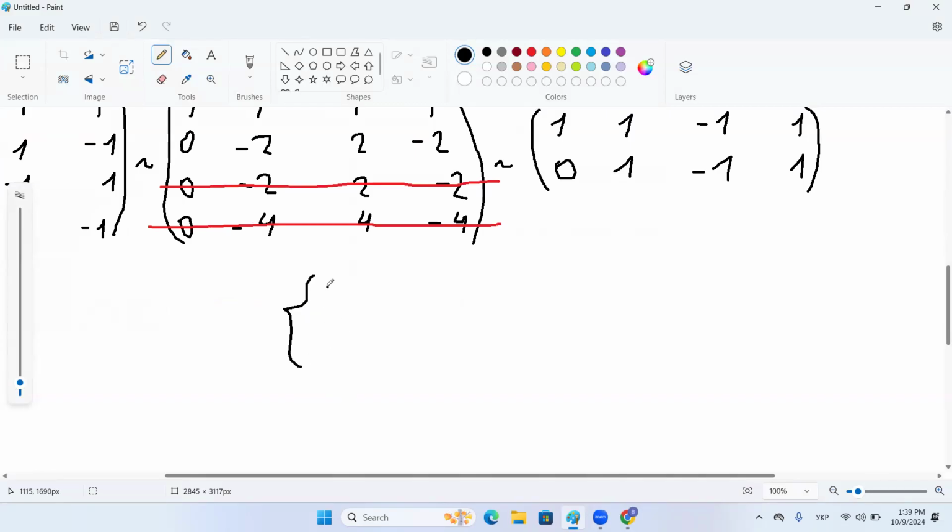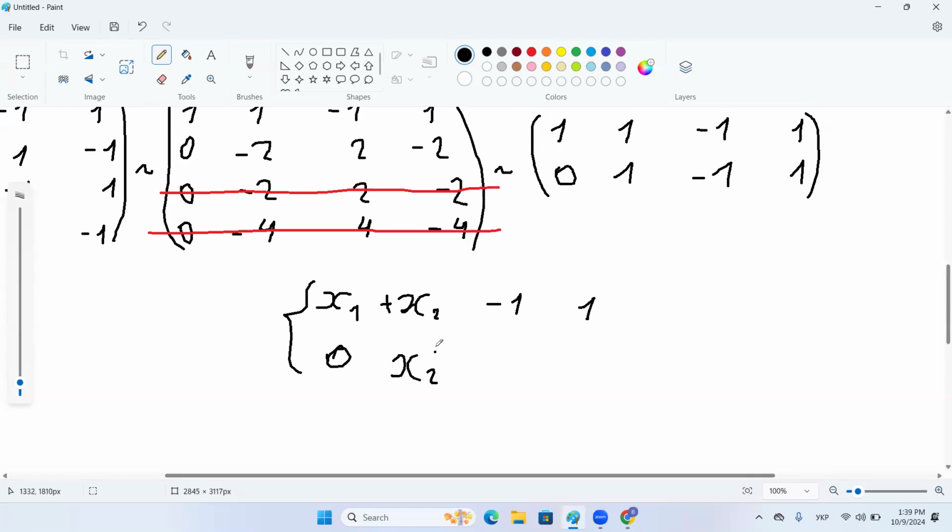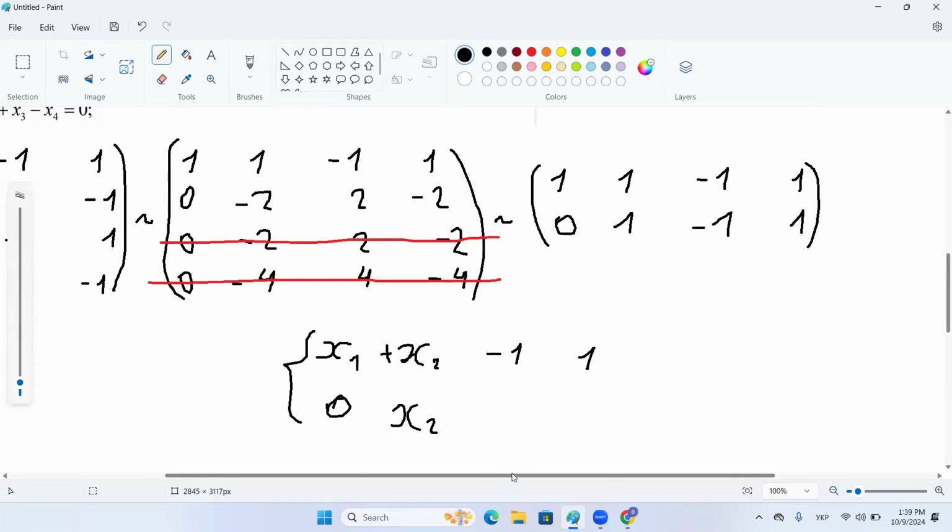Okay. So x1 plus x2 minus 1, 1. By the way, what is the rank of the matrix? 2.